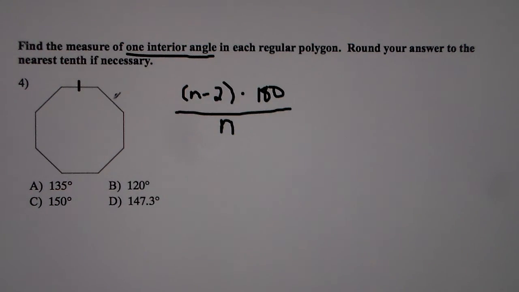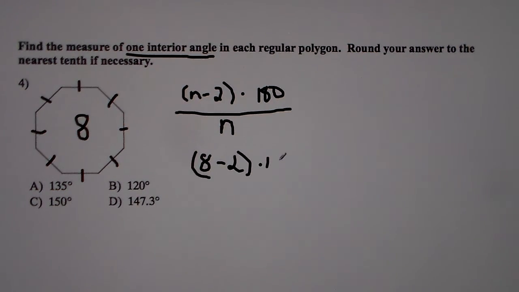So 1, 2, 3, 4, 5, 6, 7, 8. There's a total of 8 sides. So we do 8 minus 2 times 180 divided by 8, because there's a total of 8 sides. So I put that in the calculator.